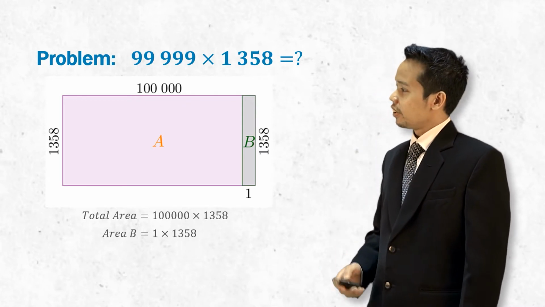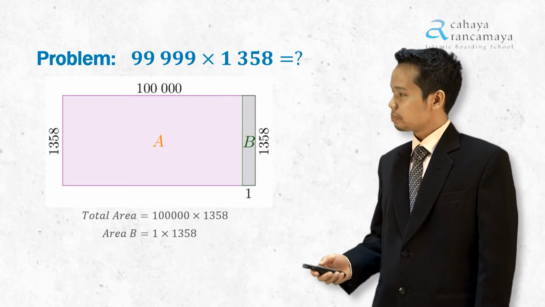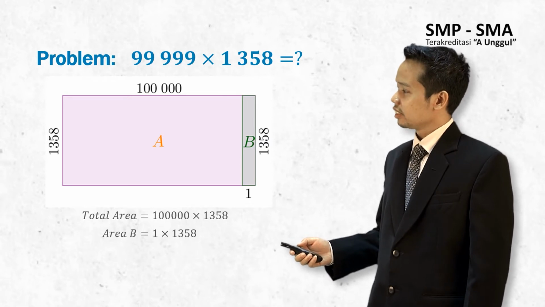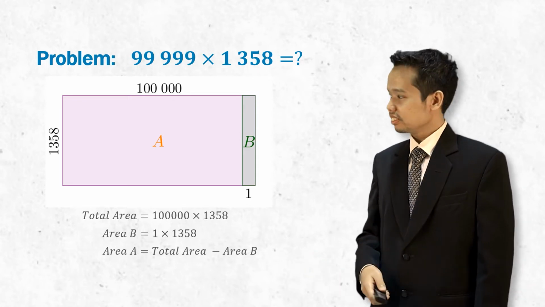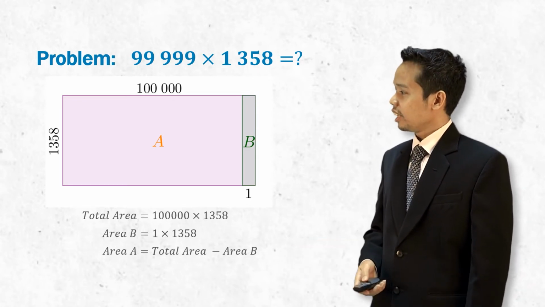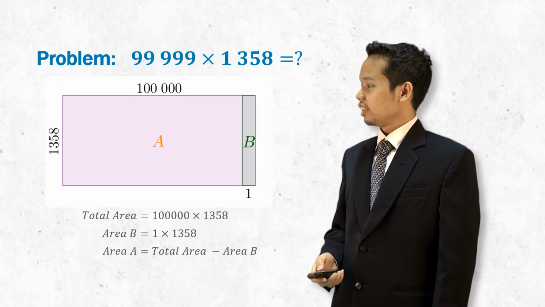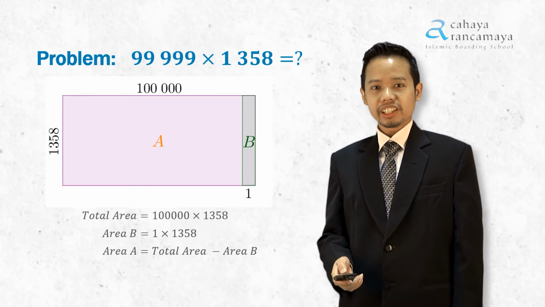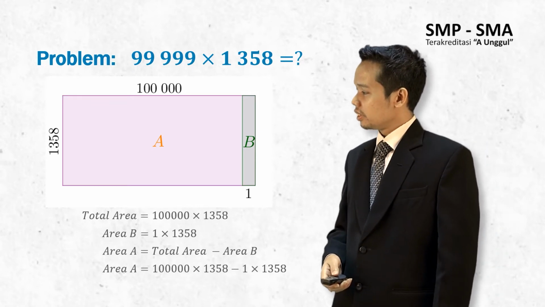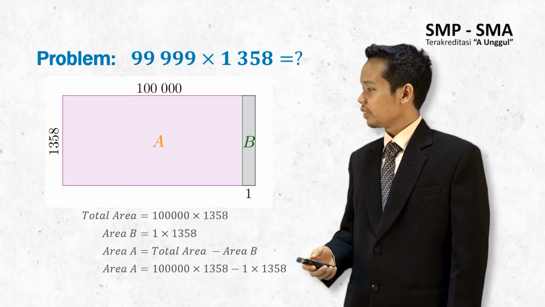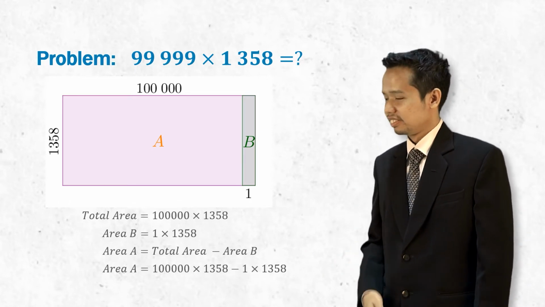Now, since the original rectangle was cut into part A and part B, we can find the area of part A simply by subtracting the total area minus the area of B. The total area is 100,000 times 1,358 and the area of B is 1 times 1,358. So, the area of A can be written as 100,000 times 1,358 minus 1 times 1,358.